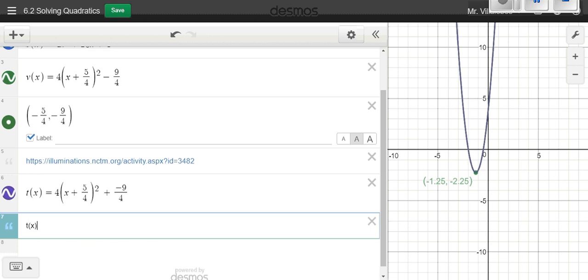In review, let's add the note. P of x is x squared stretched vertically by a factor of 4, a equals 4.